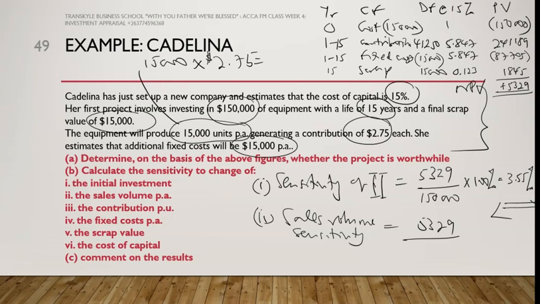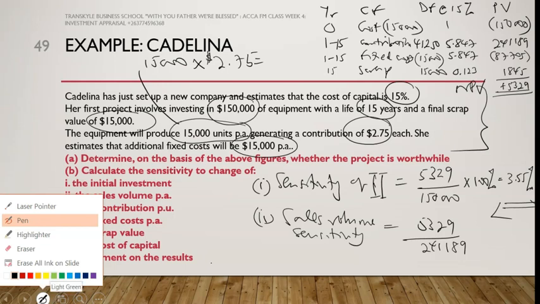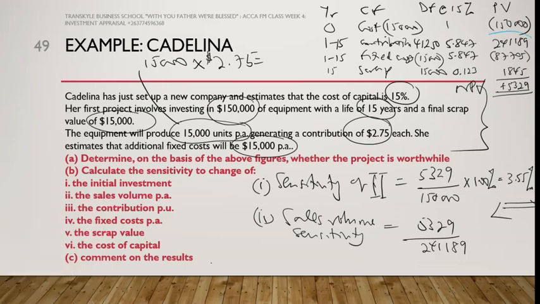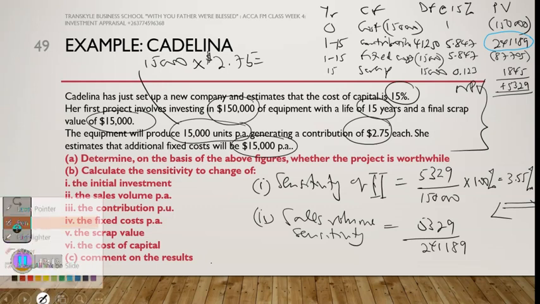Usually the volume is determined by that relationship. The PV of the contribution was 241,189, just from our computation here. So that's how you proceed.